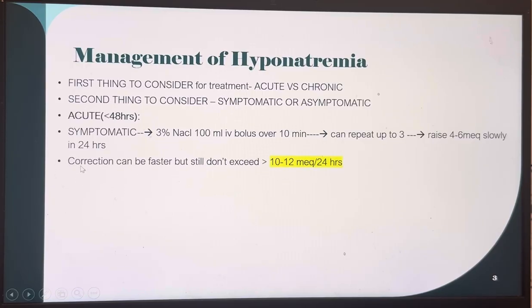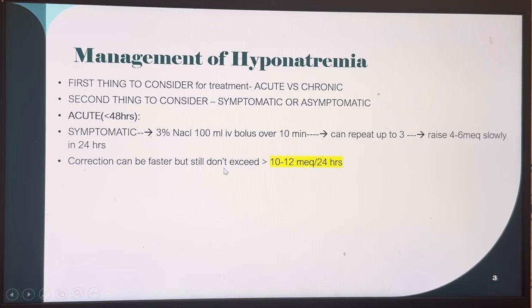Remember, correction can be faster in acute, but it cannot exceed 10 to 12 milliequivalents within 24 hours, or more than 18 milliequivalents in 48 hours.